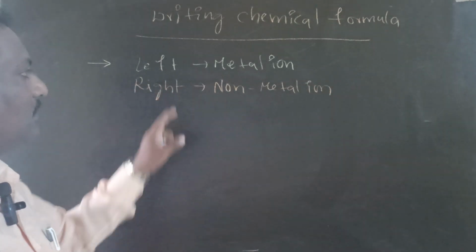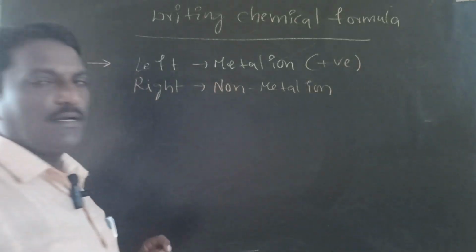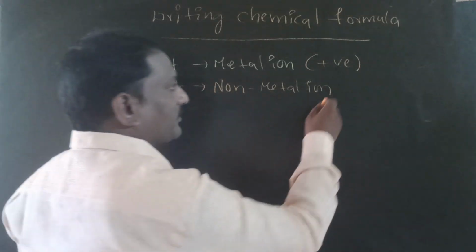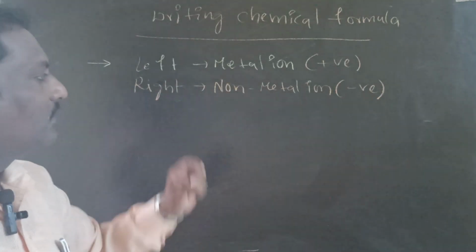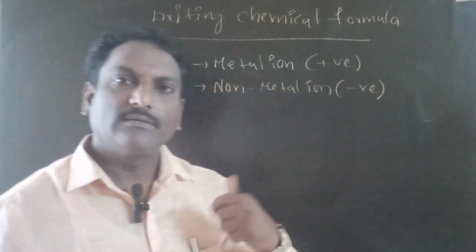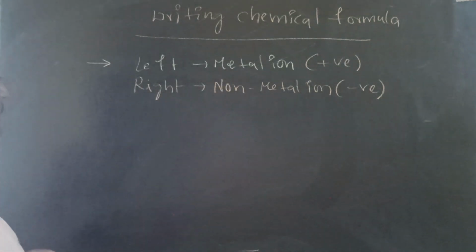In the sense, cation must be written on the left side, whereas anion must be written on the right side.